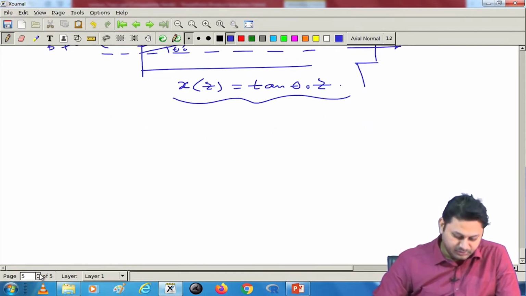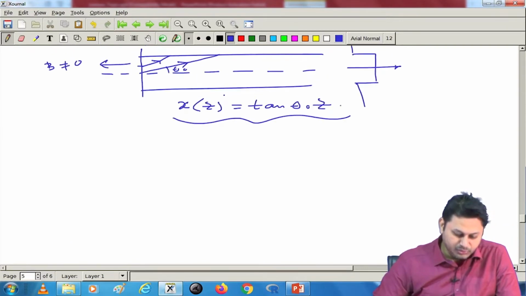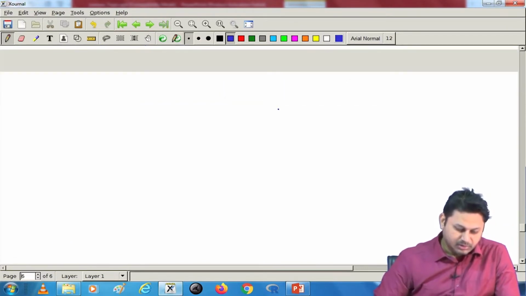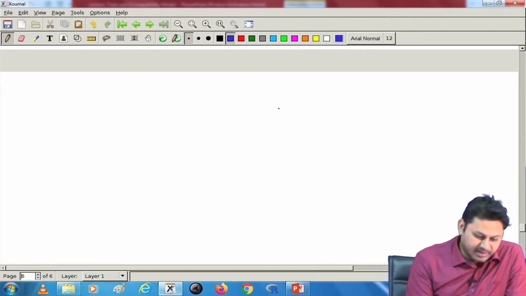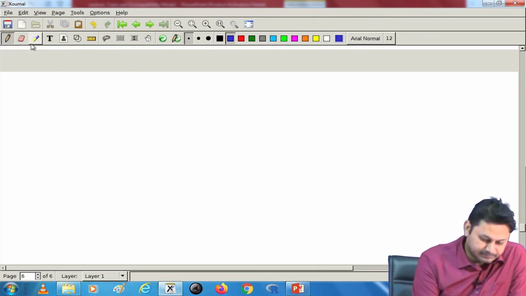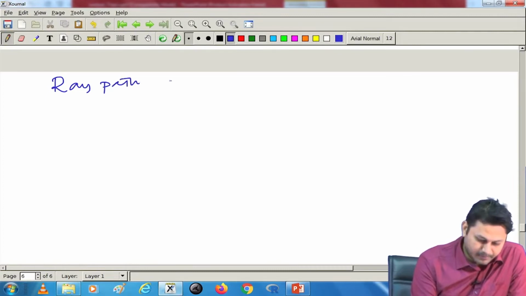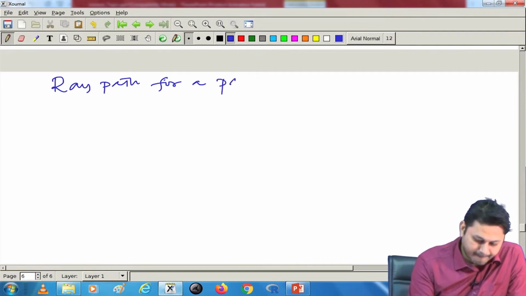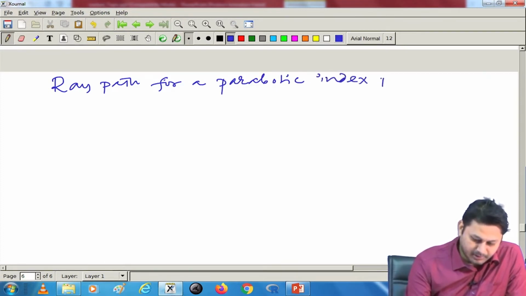However, today we will find the ray path for a parabolic index profile.